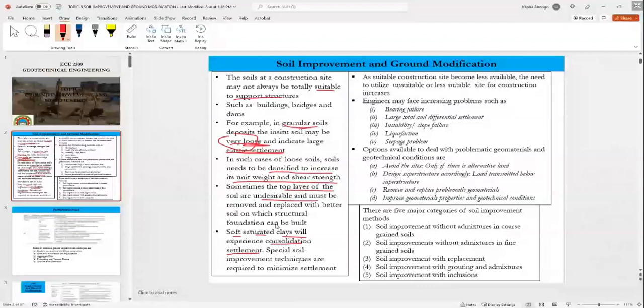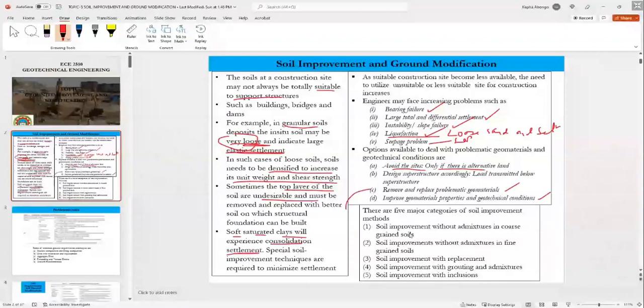Some of the problems will be bearing capacity failure, large total and differential settlement, instability of slope, liquefaction, more so in loose sands and silts, and seepage problems. Now, what we can do: either we can avoid these sites, only if there's alternative land, design the superstructure accordingly to transmit load, remove and replace problematic geomaterials, and then try to improve these by other techniques.